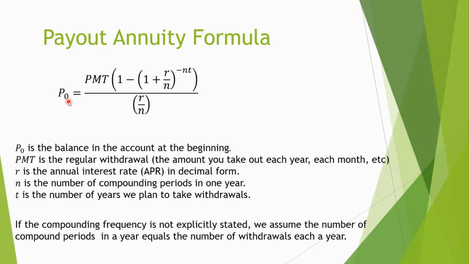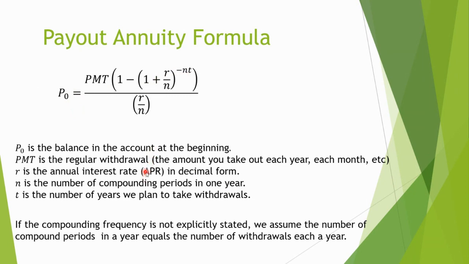We have a P sub 0 here, that's the balance at the very beginning. PMT is regular withdrawals as before. But notice the numerator is a little bit different. We have negative nt here.